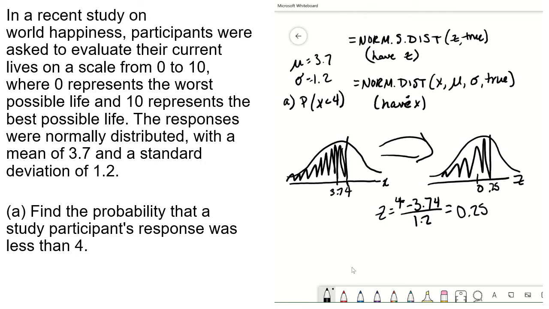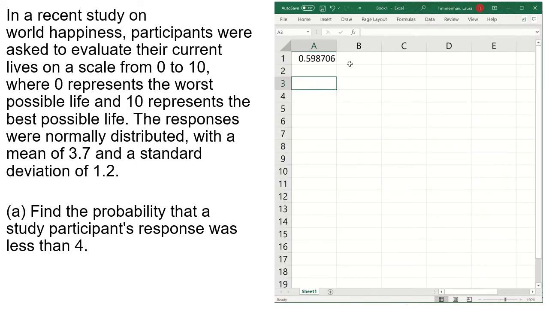Now you also could have used this second formula here, which I'm going to do the calculation again. This time I'm going to use my x of 4 that's given in the problem, the mean and the standard deviation of the specific normal distribution in the question. So I'll show you this formula so you can see the one I started with.